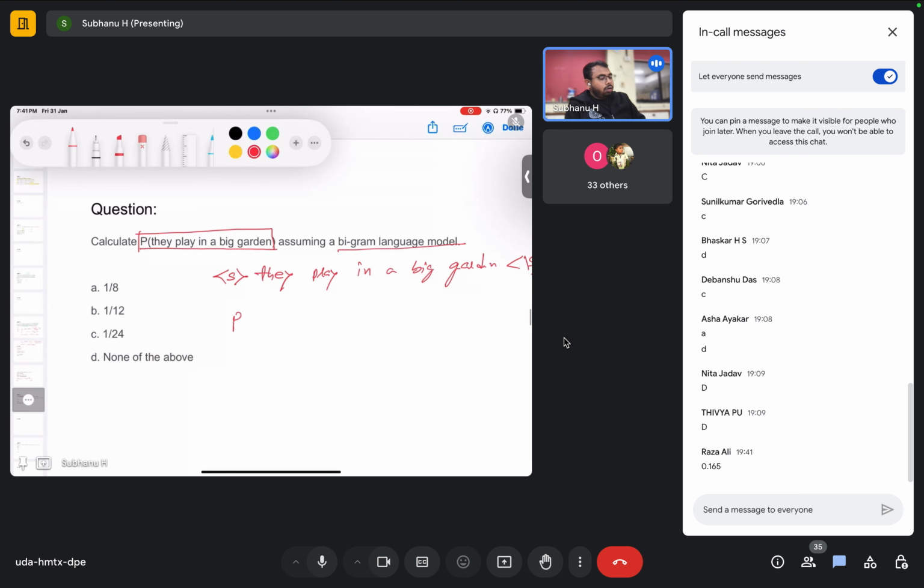The probability of "they" given the start of the sentence is 1/3. The probability of "play" given "they" is 1/1.